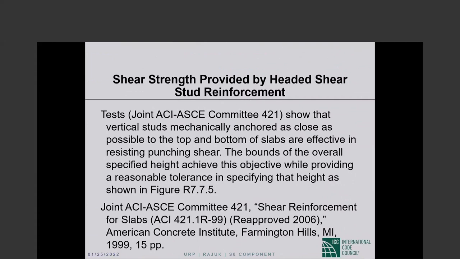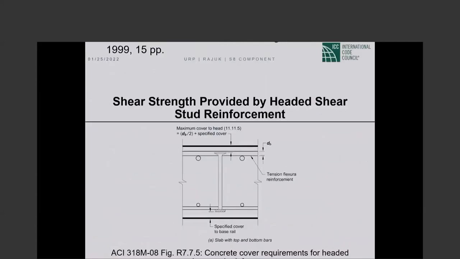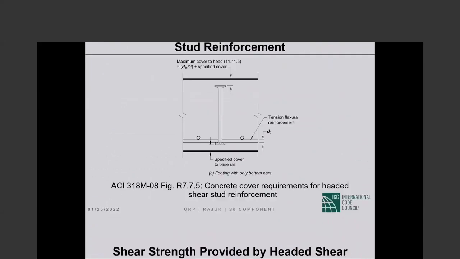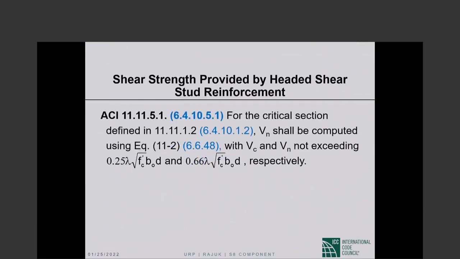Tests and the references to a Joint Committee 421 report show that vertical studs mechanically anchored as close as possible to the top and bottom of slabs are effective in resisting punching shear. The rest of it I'll let you read, including the two pictures. My spending time here will not improve anything.